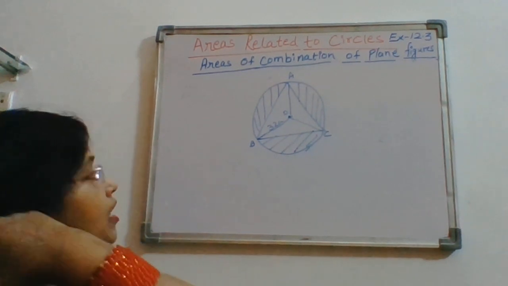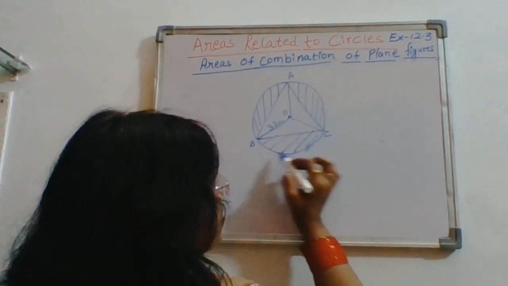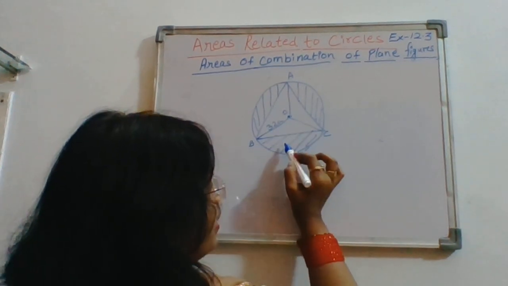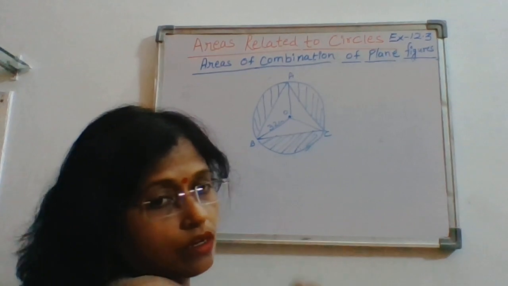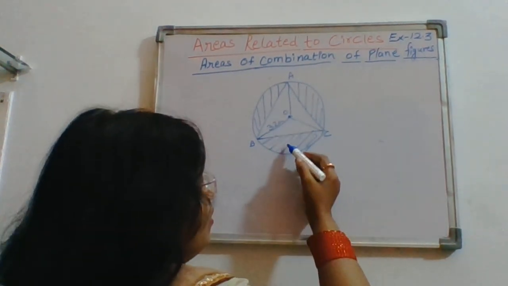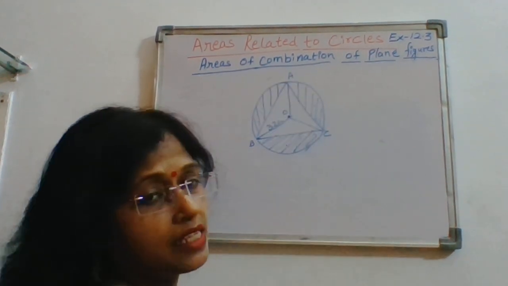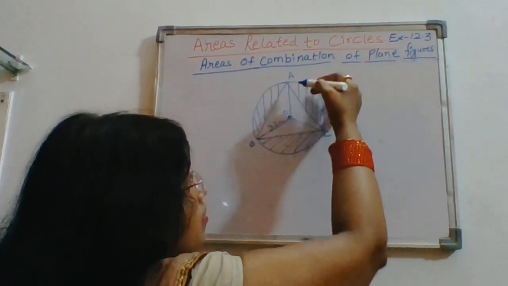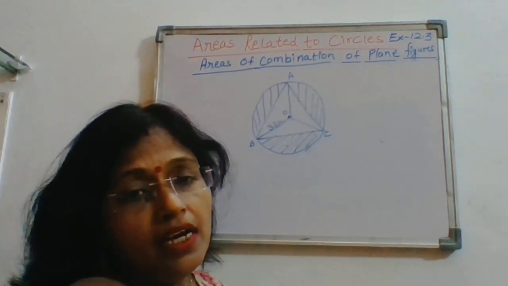Okay. Now we have learned in our earlier class that area of a sector minus area of the triangle will be giving the area of the segment. So we can apply that, and area of this segment will be equal to area of this segment and this segment because this is an equilateral triangle. So BC, AC and AB, they are equal.